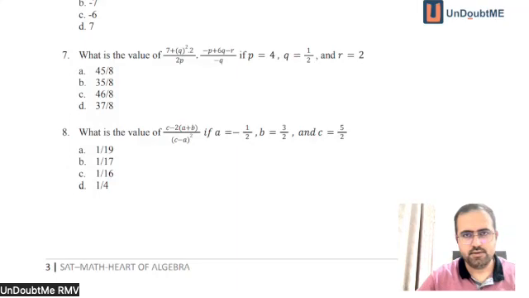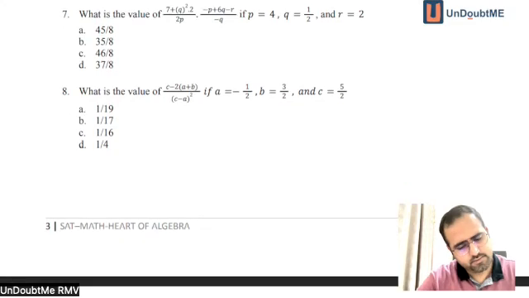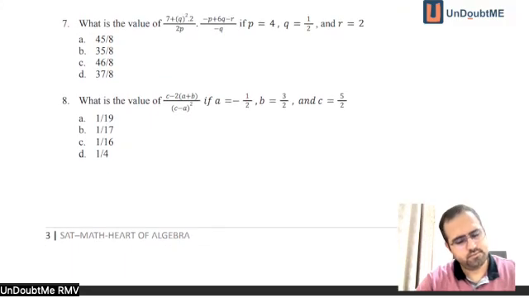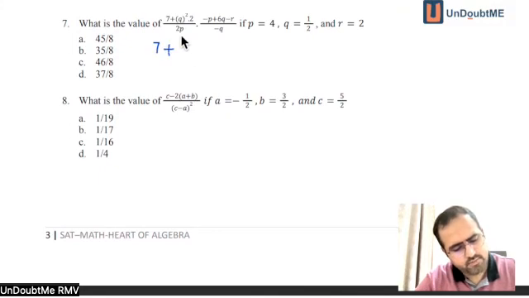I'm doing it. Okay, 7 plus q squared. q squared is (1 by 2) squared, that is 1 by 4. 1 by 4 times 2 will be 1 by 2.